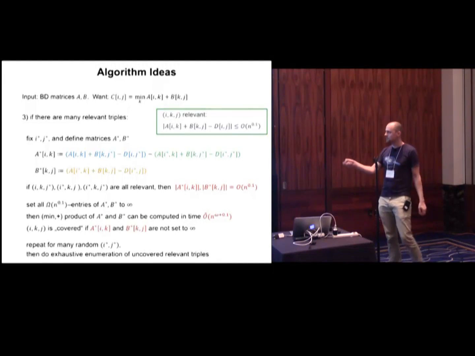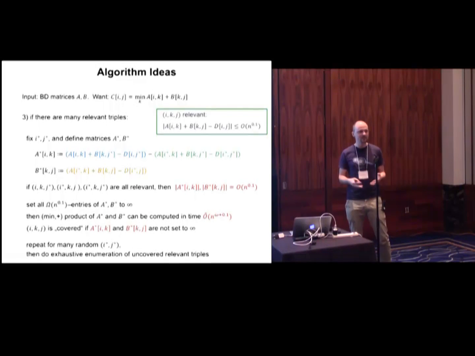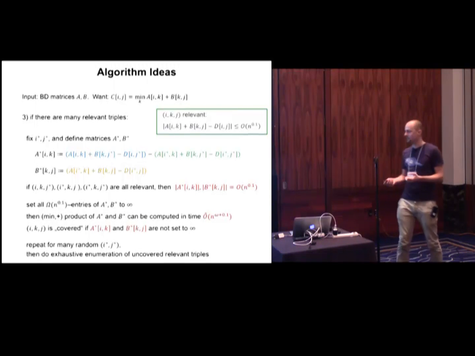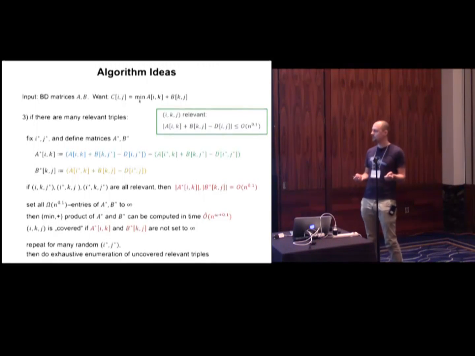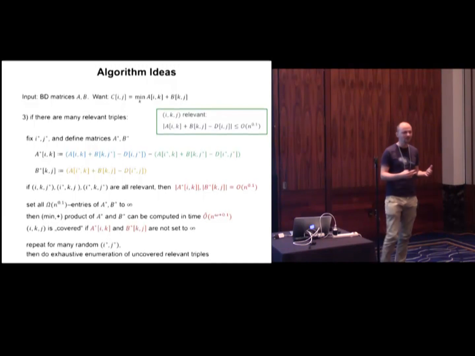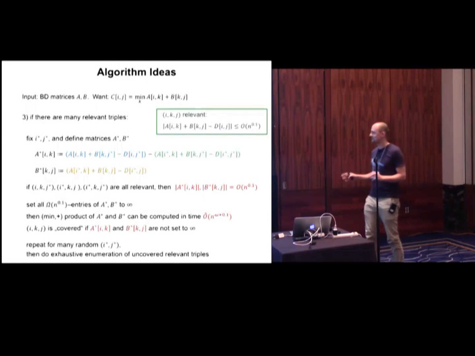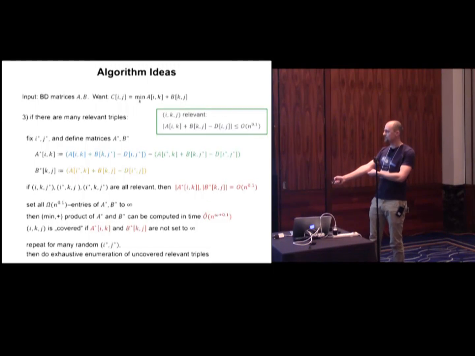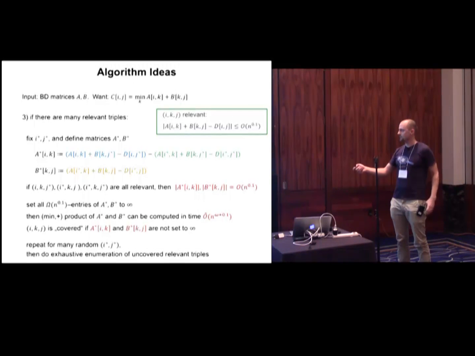And then we do this kind of procedure repeatedly for many random I stars and J stars. And this will cover most of the relevant triples, and in the end we still have to enumerate the remaining uncovered relevant triples. So this is a very vague overview, but more or less what I want to say to that.